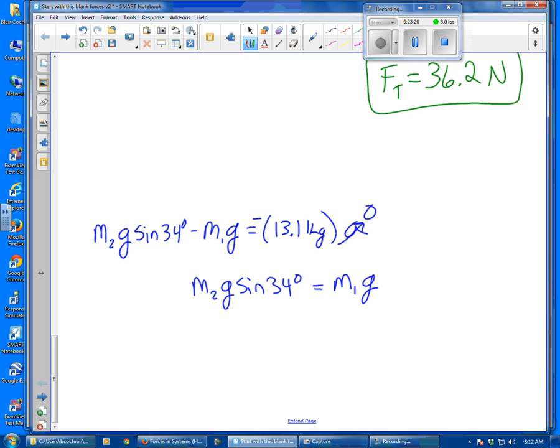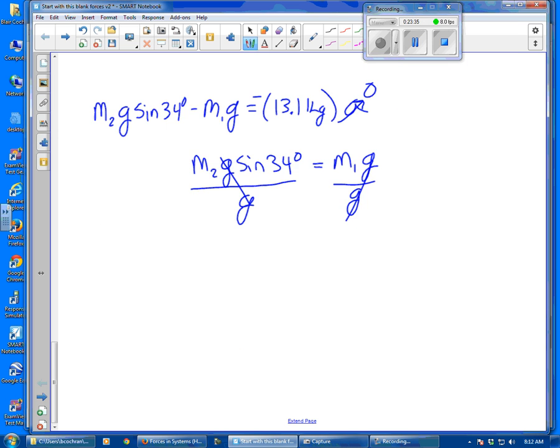So divide both sides by g, and the g's cancel, and you're left with m2 sine 34 degrees equals m1. And they asked for what would be the value of m1 that would bring it in equilibrium.